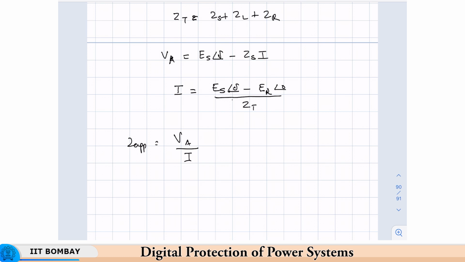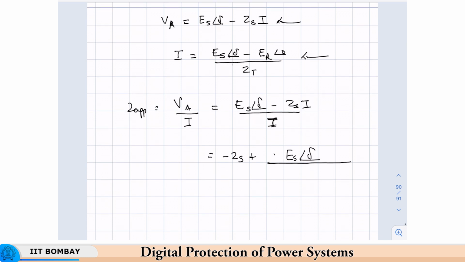Okay. Now, what is V_A? V_A is this and I is this. So, we will simply substitute. I have deliberately kept it as I and not replaced it here, because we will use some simplification first. Initially you will get just minus Z_S plus E_S angle delta upon I, which is this.